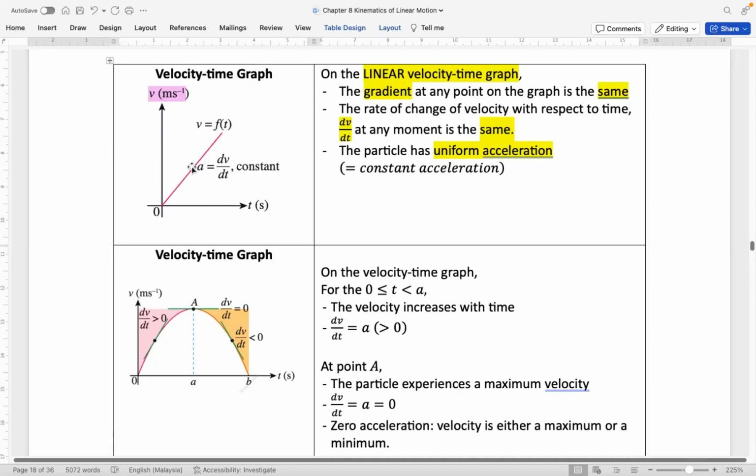Gradient of tangent means dv/dt in this case. So dv/dt is the same, and dv/dt is actually a. So acceleration is the same. We can say that it has a constant acceleration. In other words, you can also say that the particle has uniform acceleration.